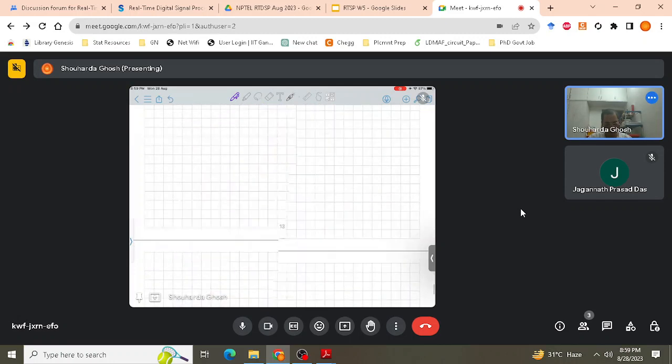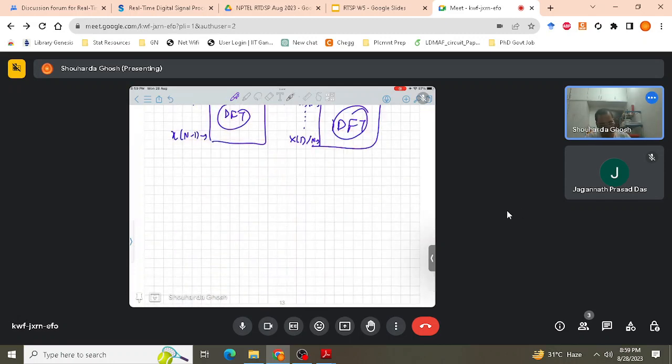Now let's look at the computational complexity of DFT.